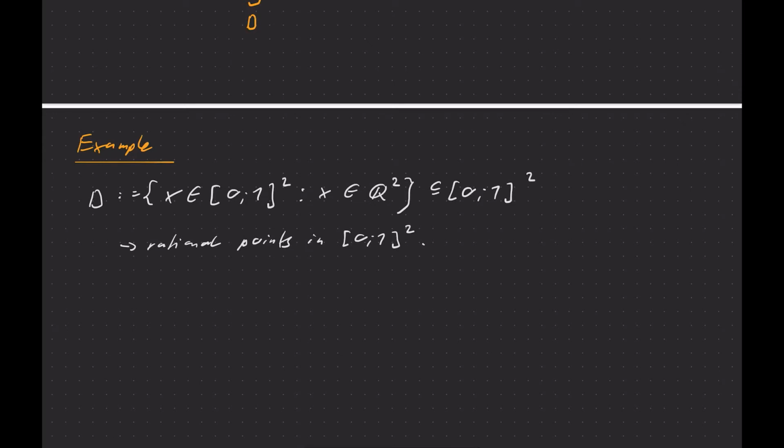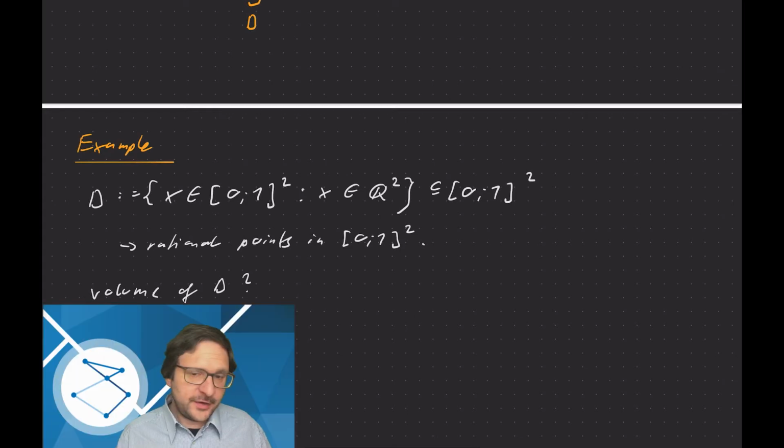Okay, what we want is to integrate the one function, so we want to compute the volume of D. Now, does that set have a meaningful volume? Two things you might suggest here. First, as we know, the rational points are dense in that box.